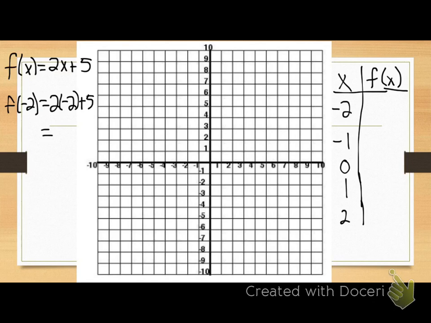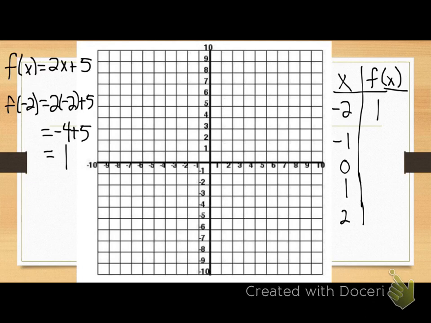What's 2 times -2? -4. -4 plus 5? 1. Thank you. So the y value, the f of x value that goes with -2, is 1.